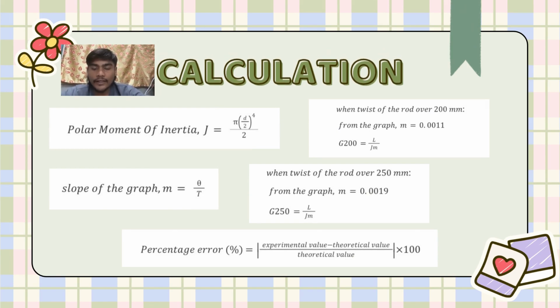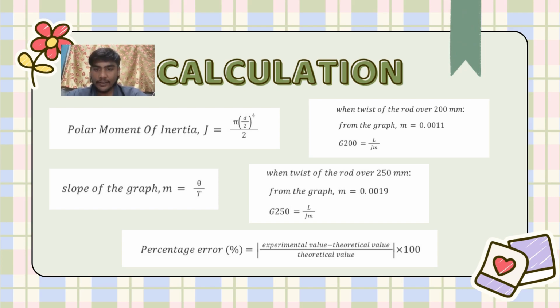We have 5 calculations here. First, calculation of polar moment of inertia J equal to pi d to the power of 4 over 2. Next, we have slope of the graph M equal to theta over T. Then we have calculation for G at 200 equal to L over Jm.